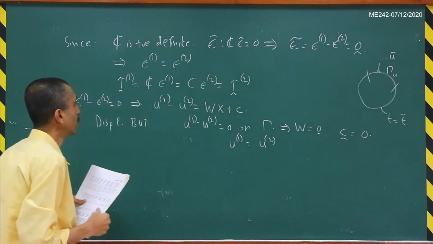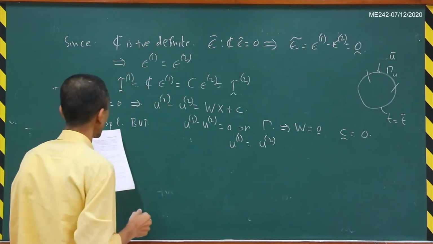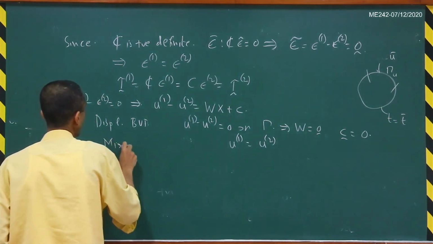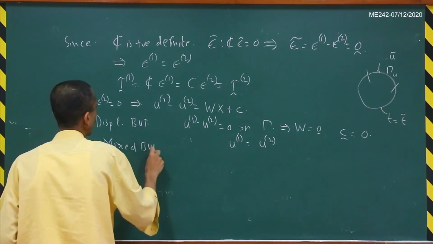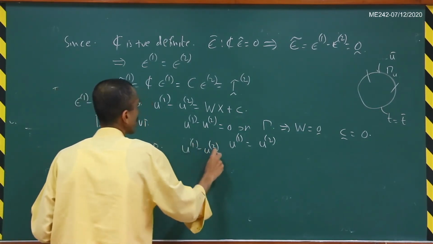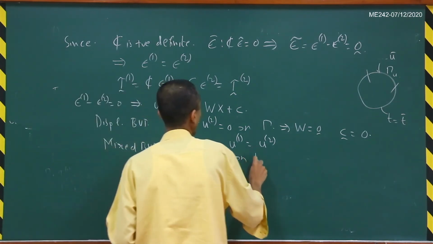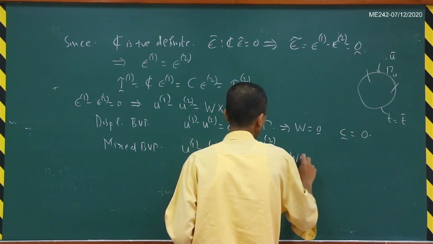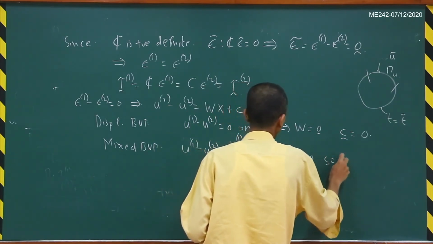But if you take now, the same thing happens even in the mixed boundary value problem. In a mixed boundary value problem, you will have u1 minus u2 equal to 0 on gamma u, and this again implies that w is equal to 0 and c equal to 0.